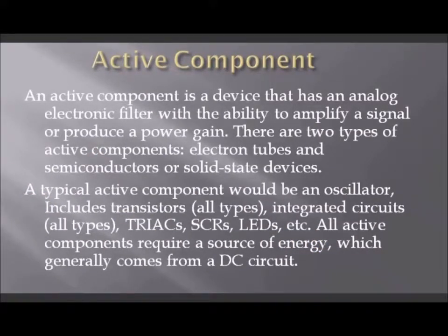An active component works in a circuit as a device which increases the active power, voltage, or current. An active component is able to do this because it is powered by a source of electricity that is separated from the electrical signal.